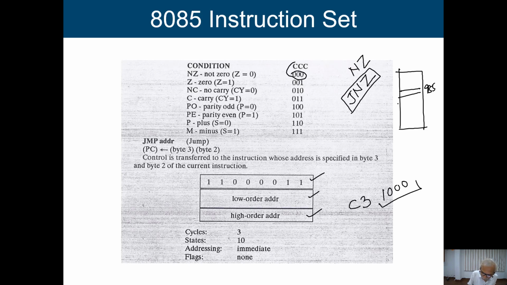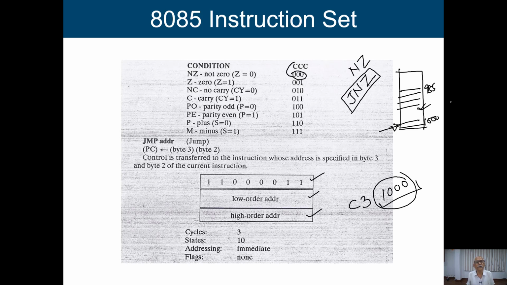This is the opcode. Then in the other two addresses, I have this particular content. After execution of this instruction, the next instruction will be taken from memory location 1000. It is not going to be taken from the very next instruction. So this is the unconditional jump instruction.